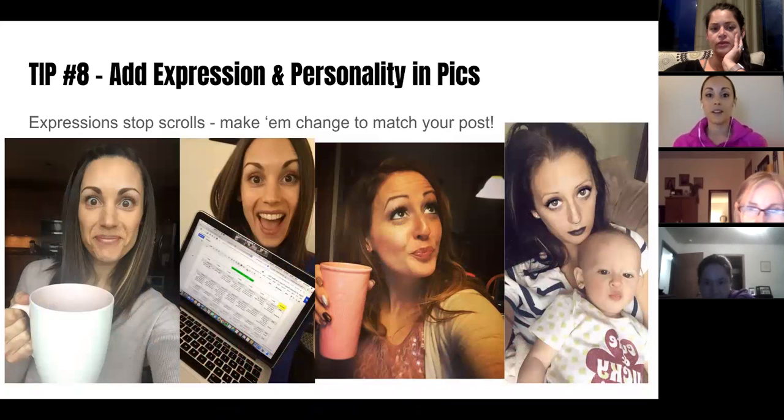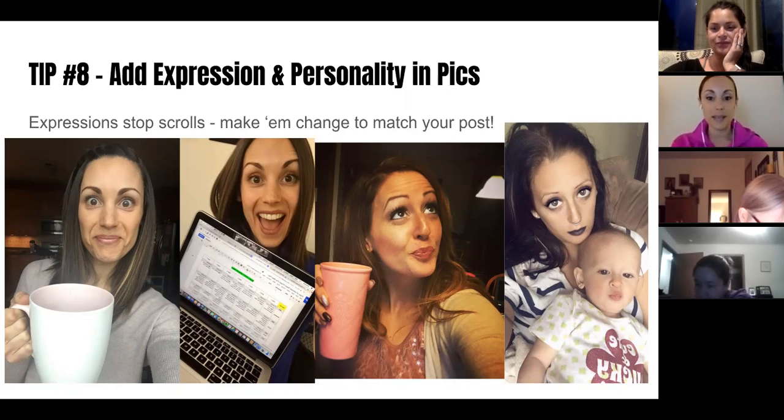All right, this is another little tip I heard and couldn't tell you which training, but when people see photos in their newsfeed with expression, they are much more connected and much more likely to respond and engage with that photo because it makes them feel something. It elicits a response in them.